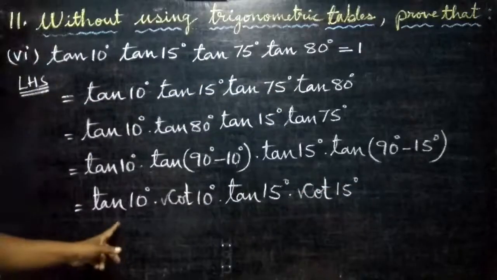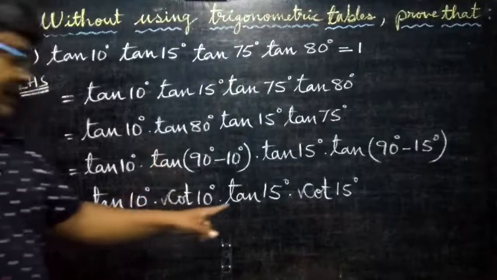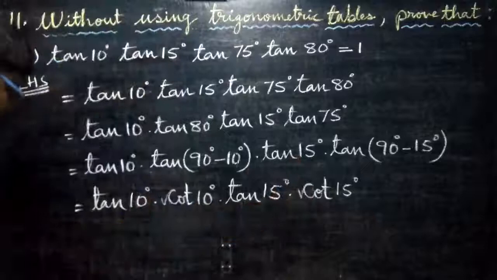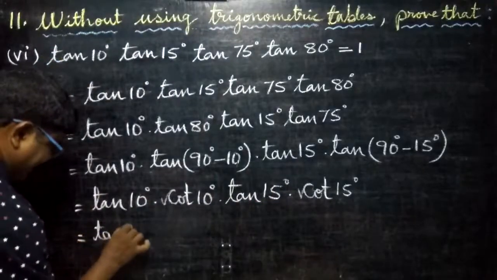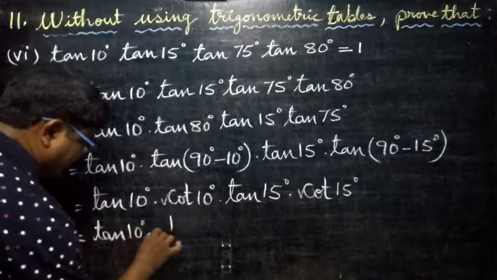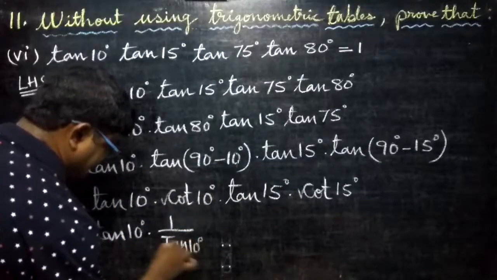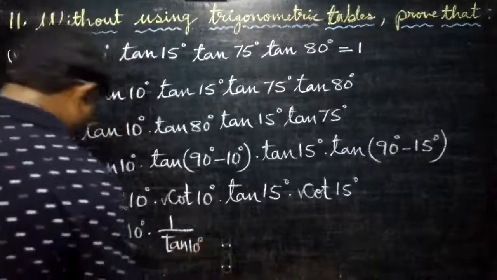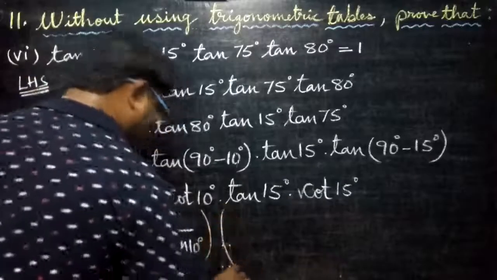Here also we have tan theta into cot theta is 1, tan theta into cot theta is 1. But for your understanding purpose, one more step I am writing. Tan 10 degrees into reciprocal of cot, 1 by tan 10 degrees. Are you able to follow? Next, keep in one bracket for understanding purpose. Which one are you combining?